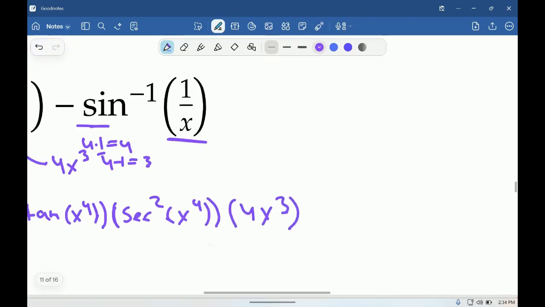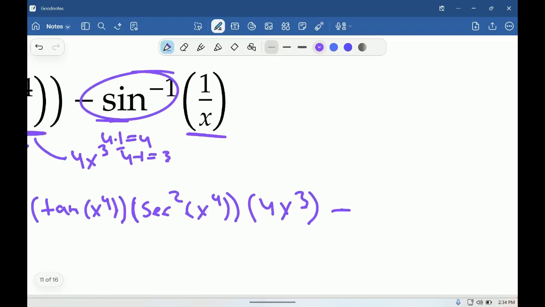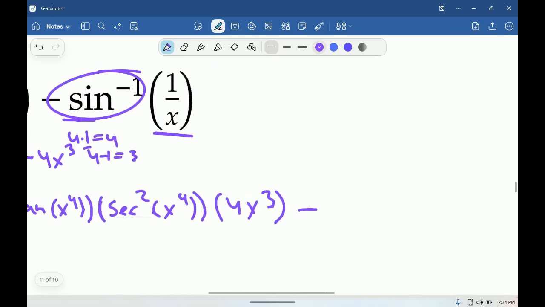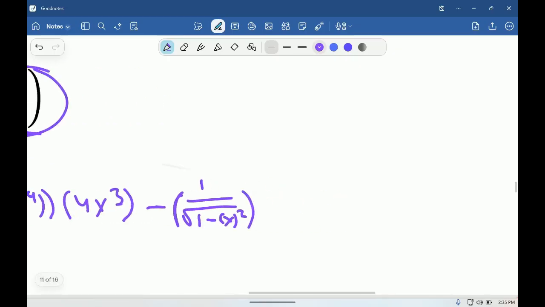4x cubed. And now we need to find the derivative for this one, and we see that it's an inverse sine, so we need to know the derivative of inverse sine, which we know is going to be 1 over the square root of 1 minus x squared. And then we got to remember to keep this along with it.